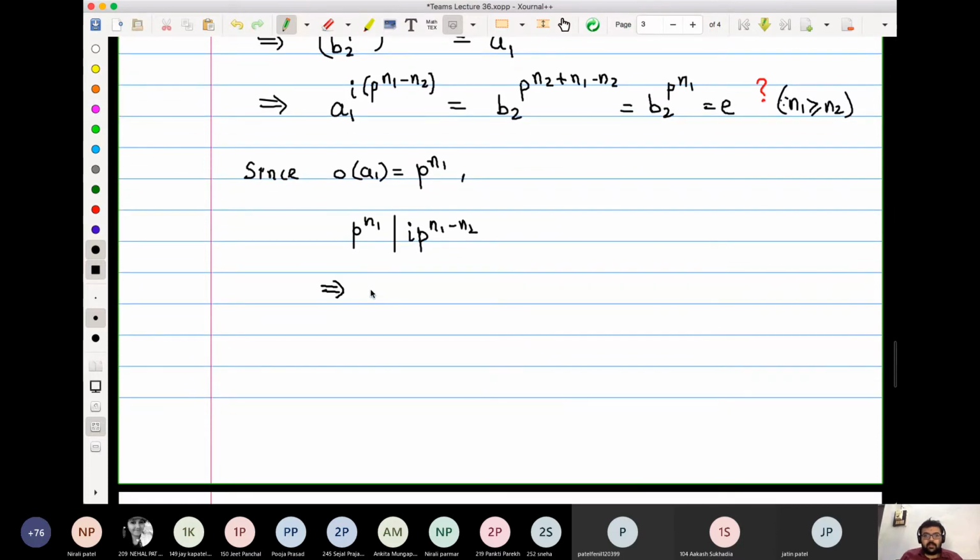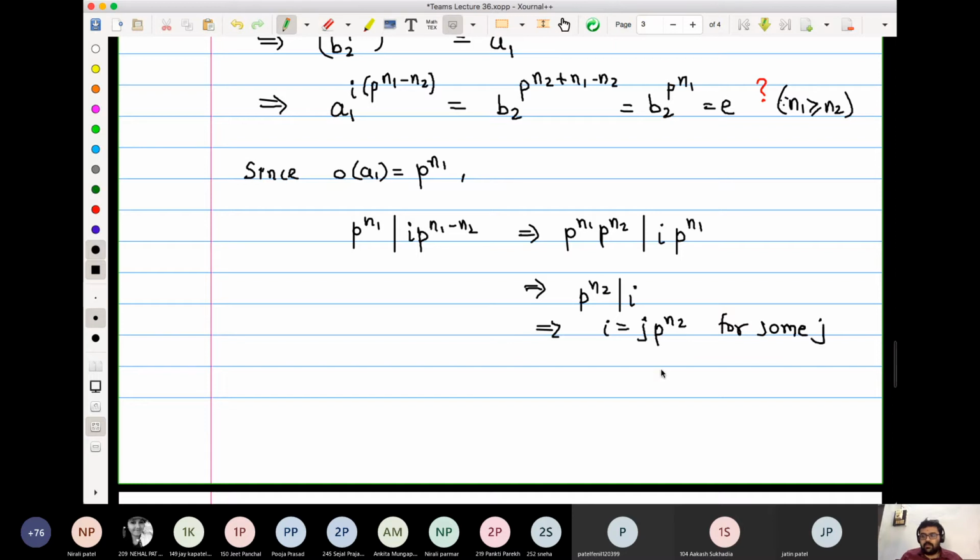But then this implies P power N1 divides P power N1 by P power N2 multiplied by P power N2, so P power N1 cancels there. Now cancel out P power N1 because it is non-zero. Right? So P power N2 divides I. And so this implies I equals some J times P power N2 for some J.